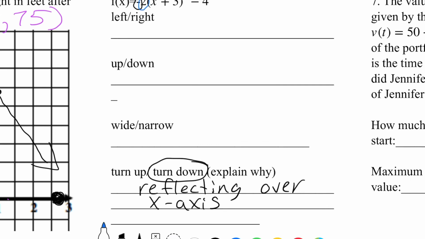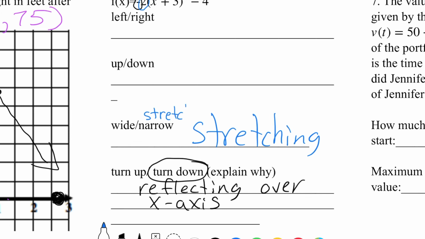The 2, just the 2, ignoring the negative. The 2 is greater than 1, so it's going to be stretching. Remembering that narrow is the same thing as stretch, and wide is the same thing as compress.